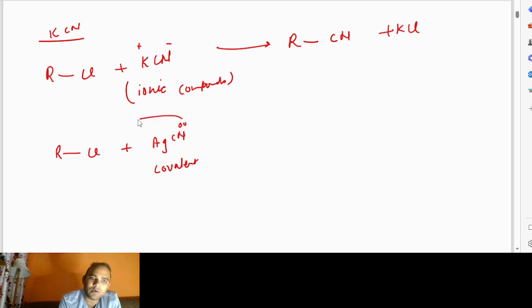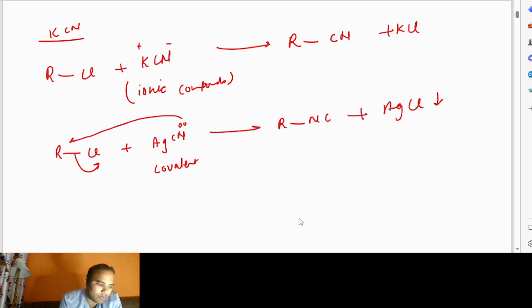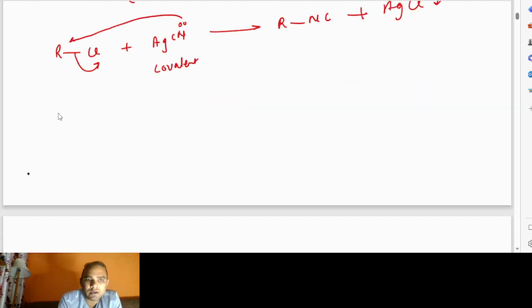So AgCl is going to be out, and here it will give RCOOR. This is what is called an ester, right? Now lithium aluminium hydride, LiAlH4.